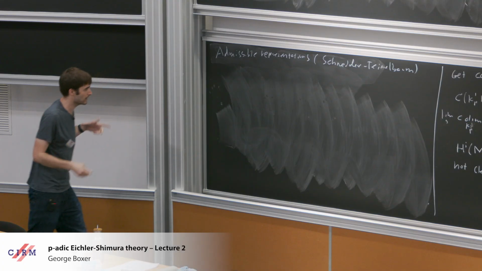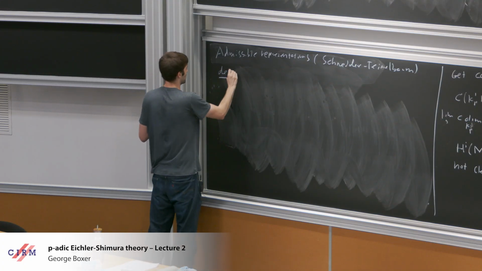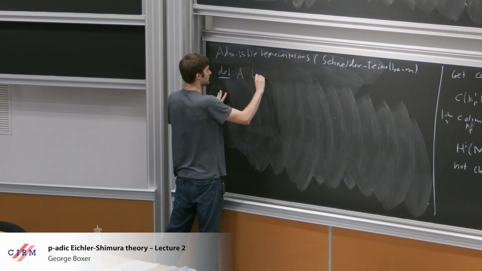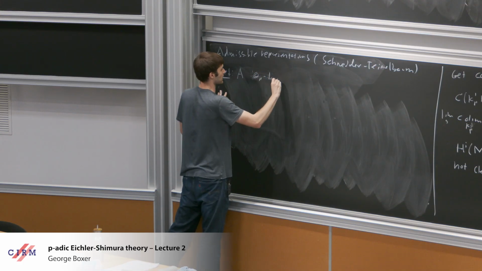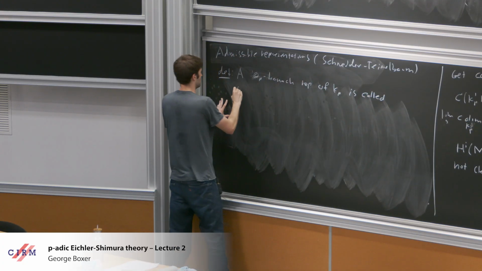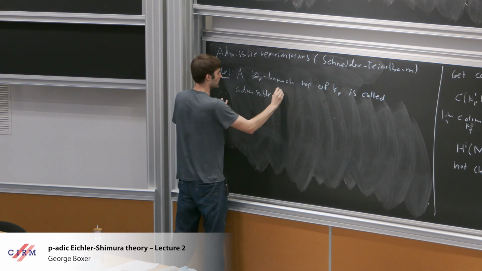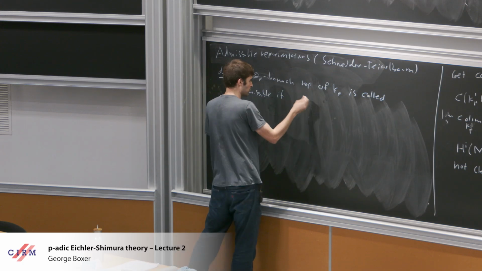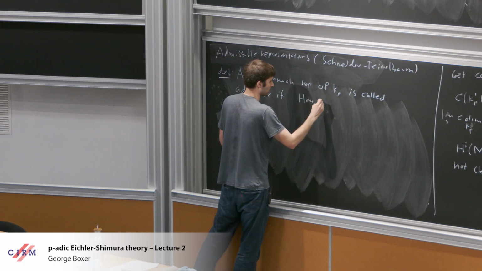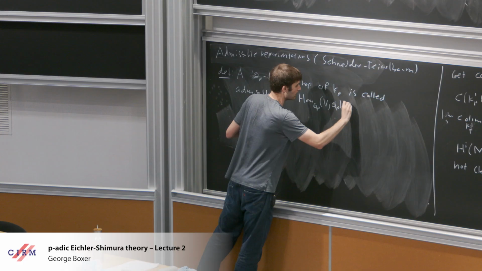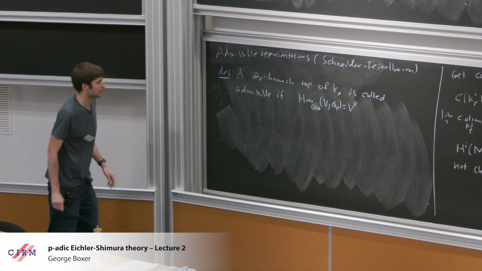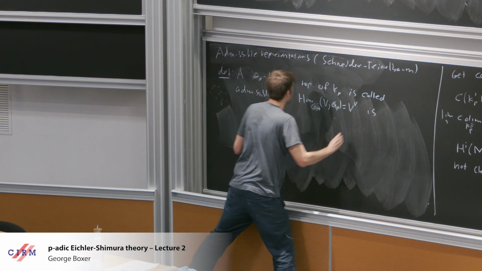So the idea is, a definition: a Qp Banach representation of KP is called admissible if, when we take the dual, what is classically called the weak dual, which I'm just going to write as Hom continuous to Qp, the weak dual is a finitely generated module.